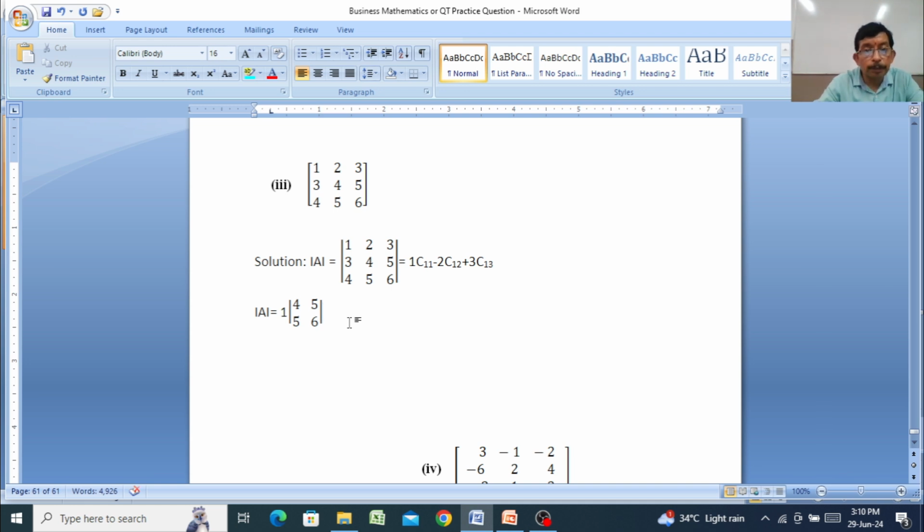Minus 2 times the corresponding element, by deleting the first row second column element, and the elements are 3 5, 4 6.